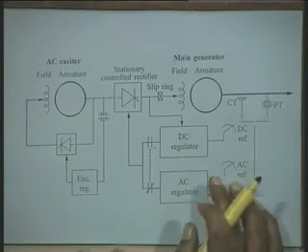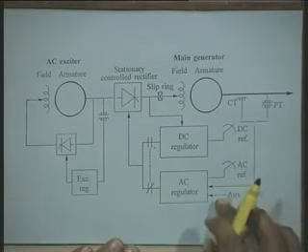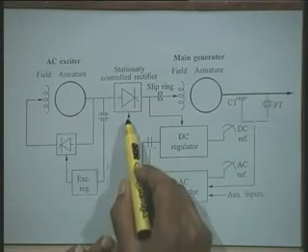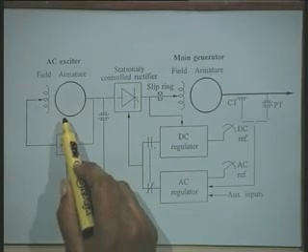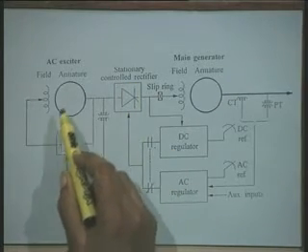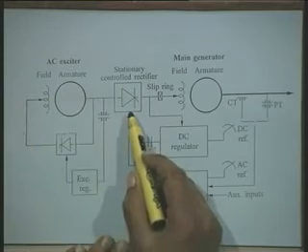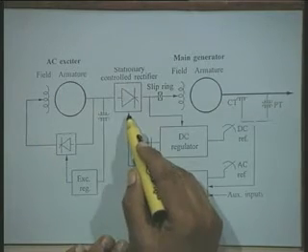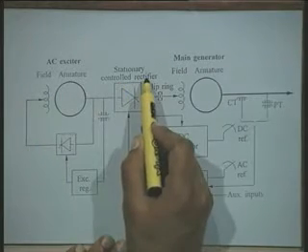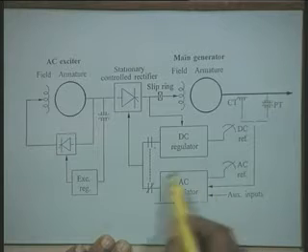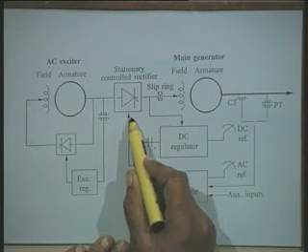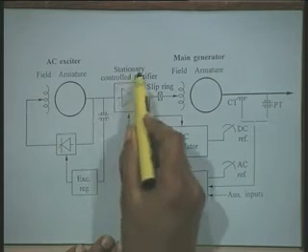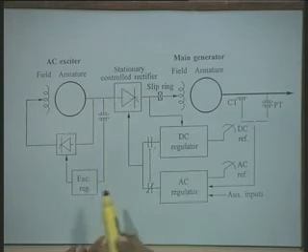Other arrangement is exactly the same as in the previous case. Now, once we use this stationary control rectifier, then the output of the excitation is adjusted or controlled by controlling the firing angle of the control rectifier here itself. That is, this AC regulator will directly control the firing angle of the stationary control rectifier.